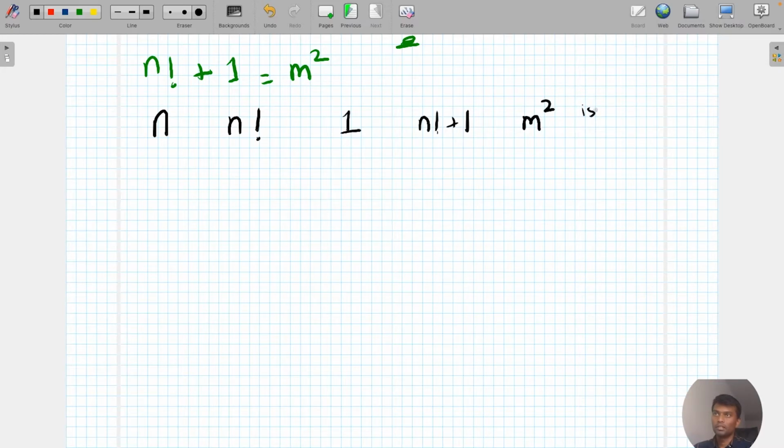We can ask ourselves, is it a square? If yes, we can find the value of m, right? So let's start.